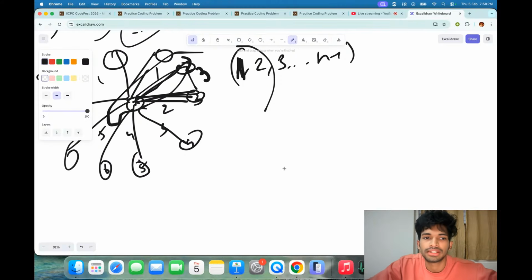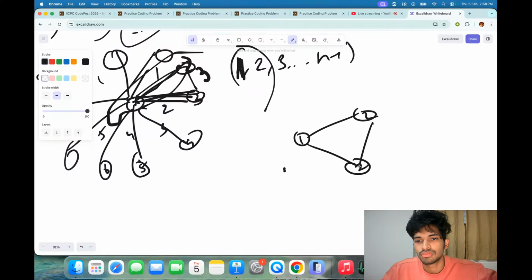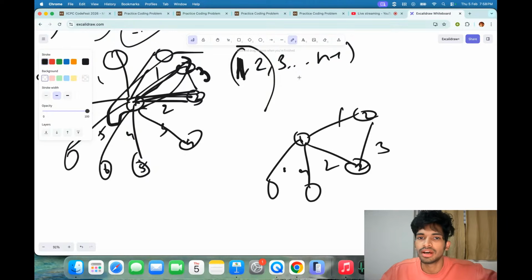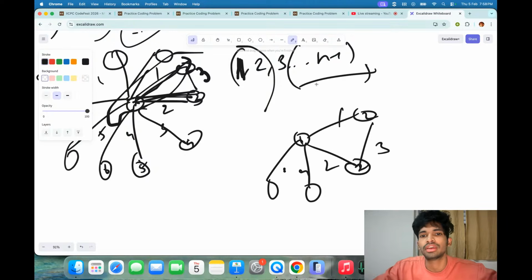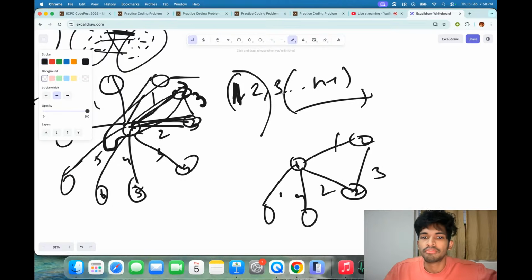So if you do 1, 2, 3, 3 will be skipped, and then let's start from 4 and do the remaining things. From 4 let's try 4, 5 up to so on n minus 2. So what has happened when compared to before?